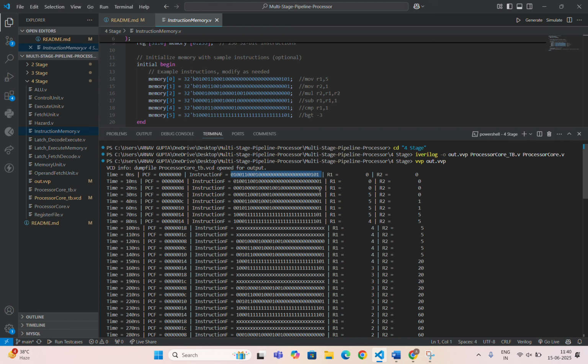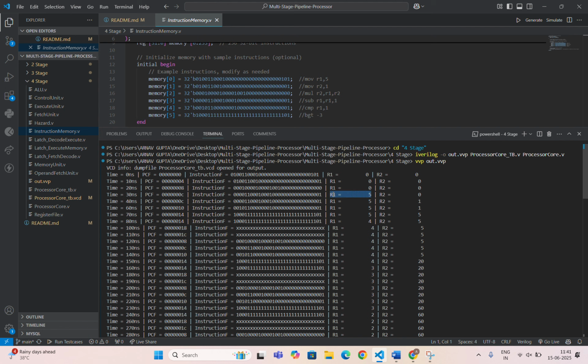At the next, that is at t equals 30 nanoseconds, which is the 4th clock, the first instruction is finally executed and has memory access. Memory access is a stage which basically allows us to access the registers and other types of memory present in the computer. At the 4th stage, the first instruction is finally satisfied, and R1 gets the value 5.